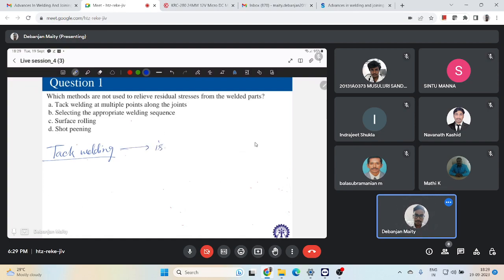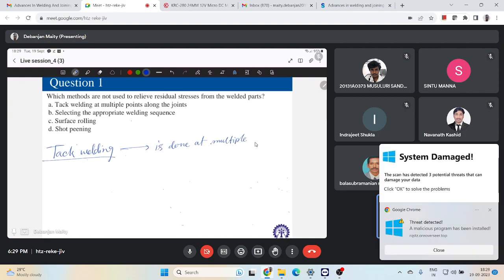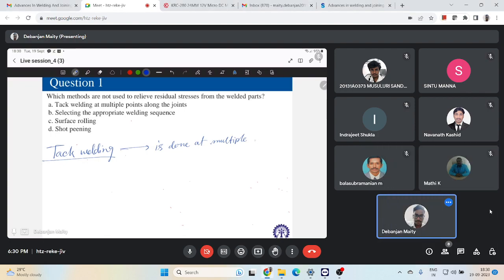This is done at multiple points along the joint to create a rigid structure prior to the seam welding.